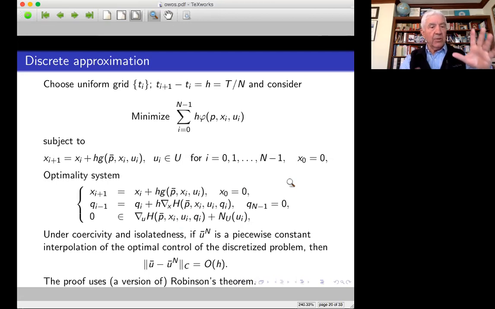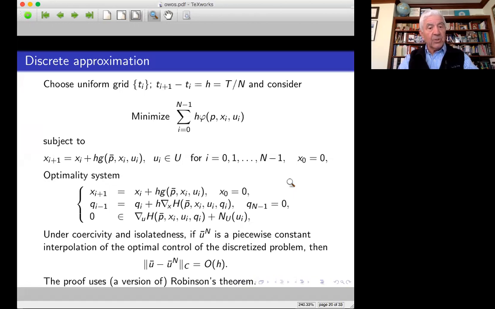Namely, we apply all this machinery of the Robinson theorem now, but not to study dependence on the parameter, but to study dependence on a quite aggressive change of the model, going from continuous time to discrete time. And it works nicely, and we can get this condition here.